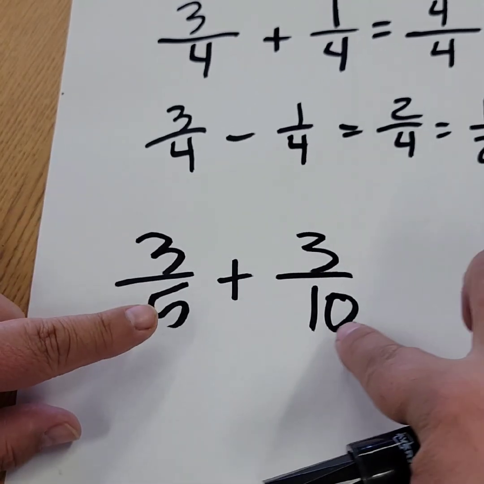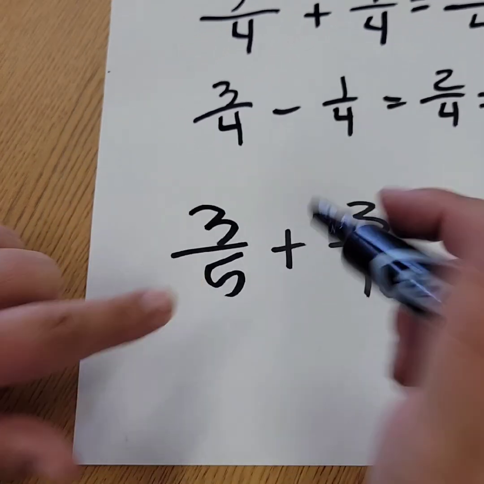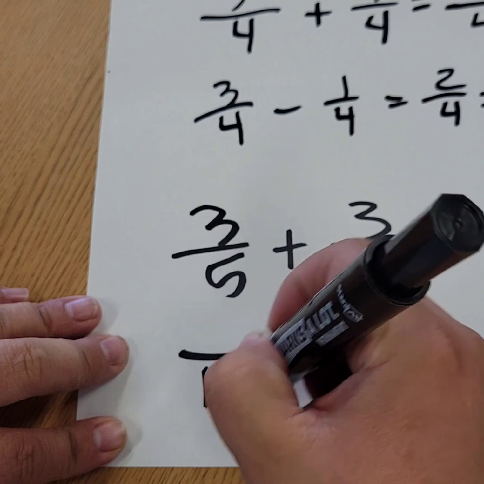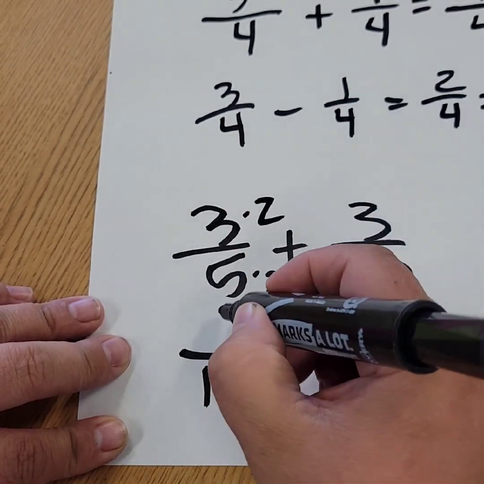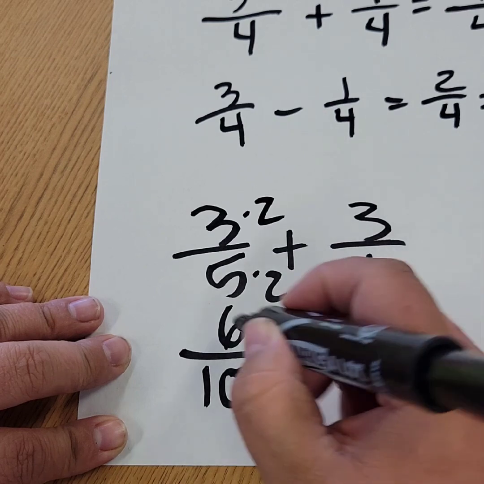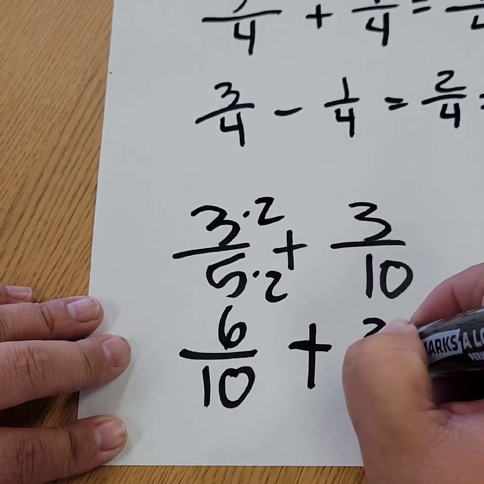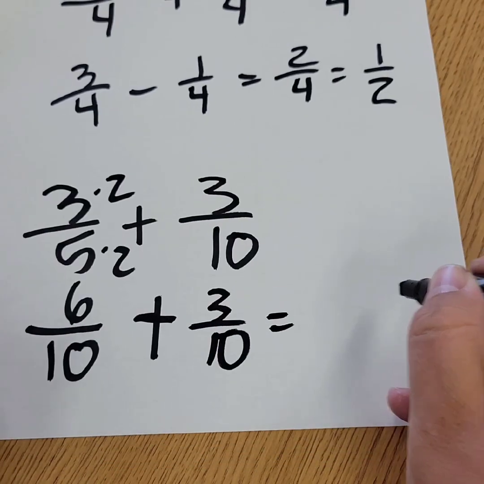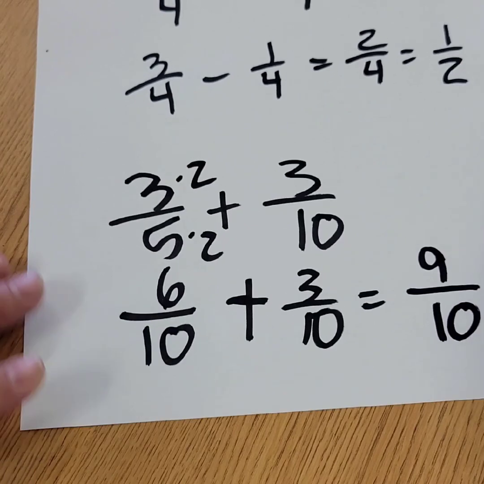So we do need common denominators. So we can make 5 turn into 10. So we can change that, and this is times 2. So then we multiply the top by 2, so then we get 6. So 6/10 plus 3/10 equals 9/10. Okay.